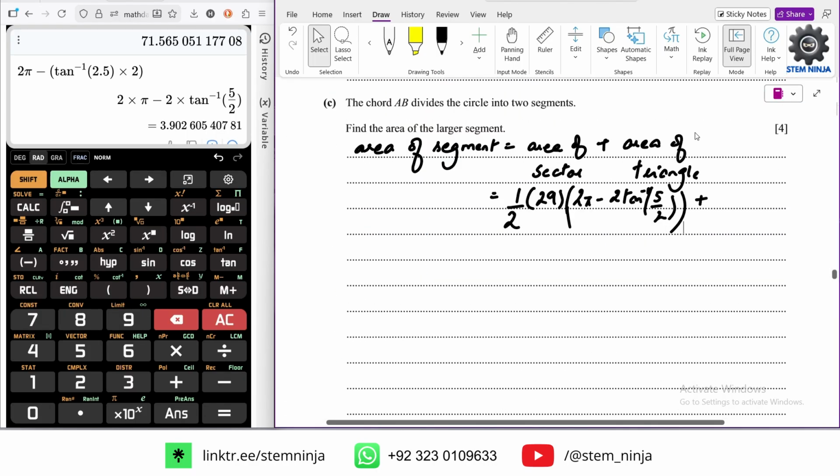Okay. Half, again r squared, sine of the same angle, ACB.